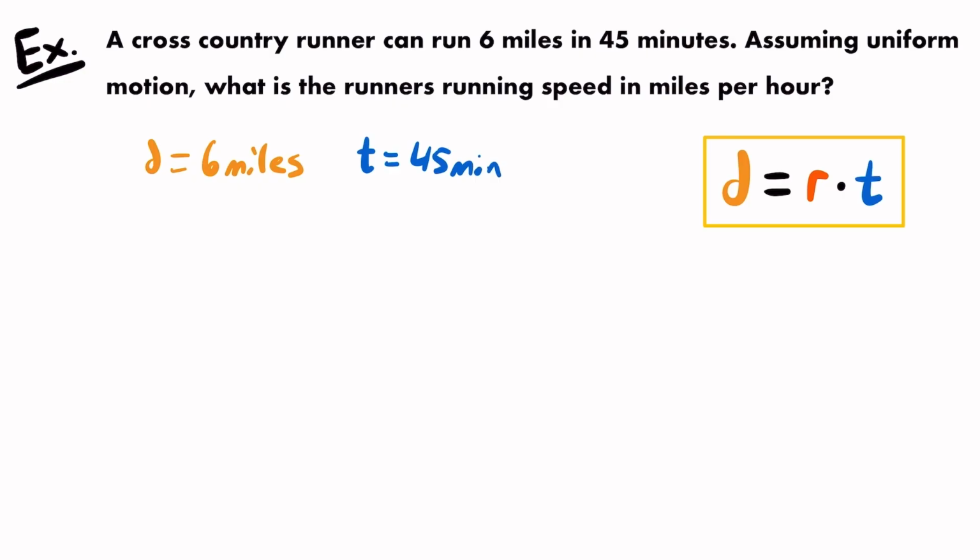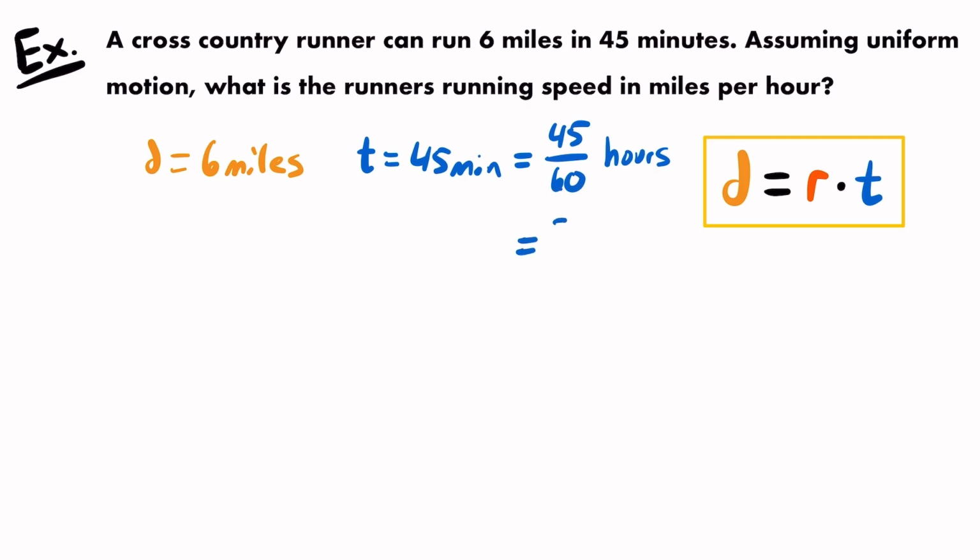And so in order to do that, just remember that there are 60 minutes in an hour, so we could convert t to be an amount of hours by dividing those 45 minutes by 60 minutes. Okay, so 45 divided by 60 would be the amount of hours, which if you reduce that fraction, both 45 and 60 are divisible by 15. 45 divided by 15 is 3, and 60 divided by 15 is 4.